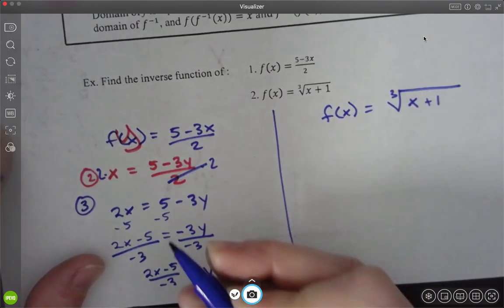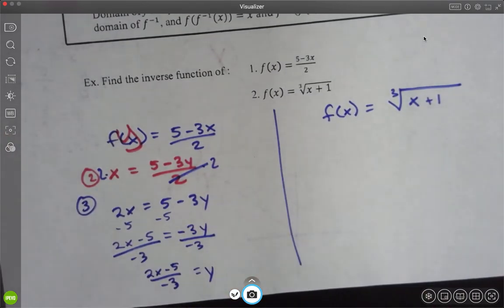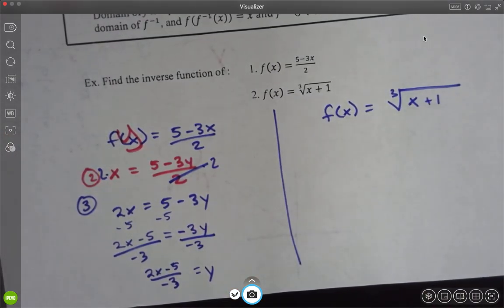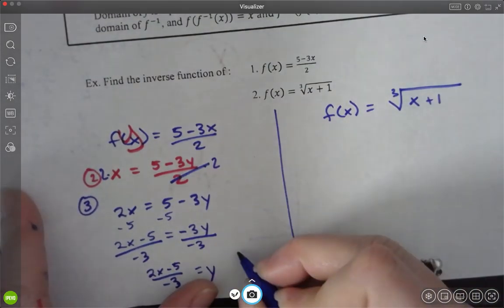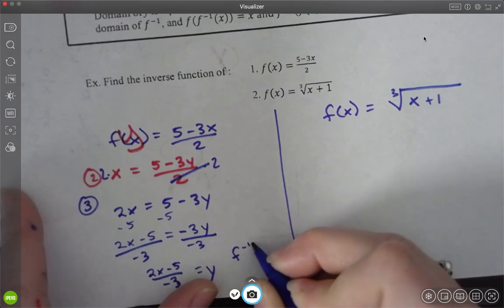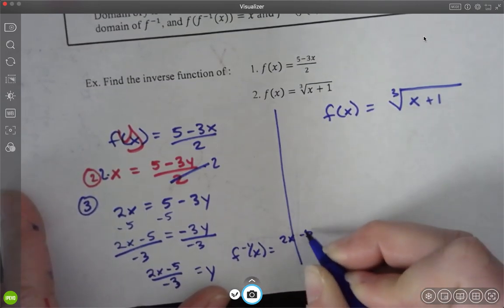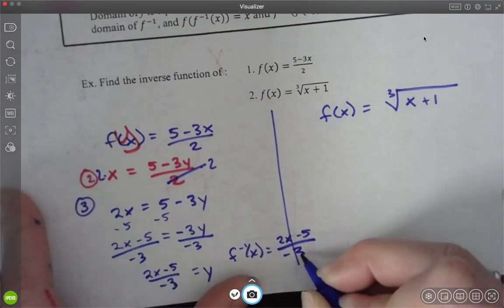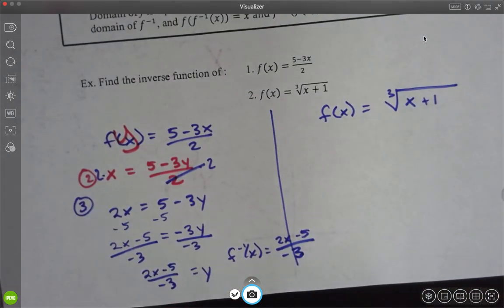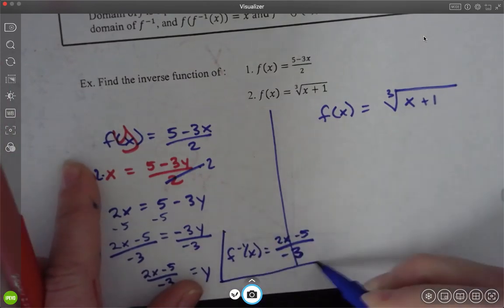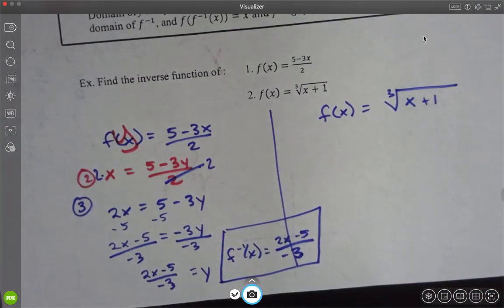If you want to separate those out and write it as negative 2/3 x plus 5/3, that's fine. And change the y to f of x. So f inverse of x equals 2x minus 5 over negative 3, and that will work also like that. That is the inverse function.